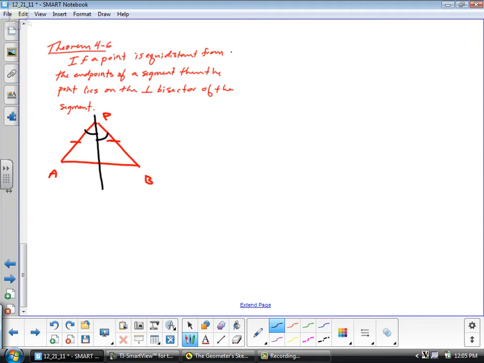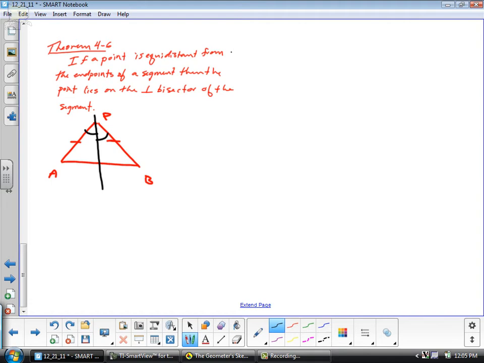If you look at theorem 4-1, you have some corollaries to that theorem, and one of them says the bisector of the vertex angle of an isosceles triangle is perpendicular to the base at its midpoint. Corollary 3 of theorem 4-1.